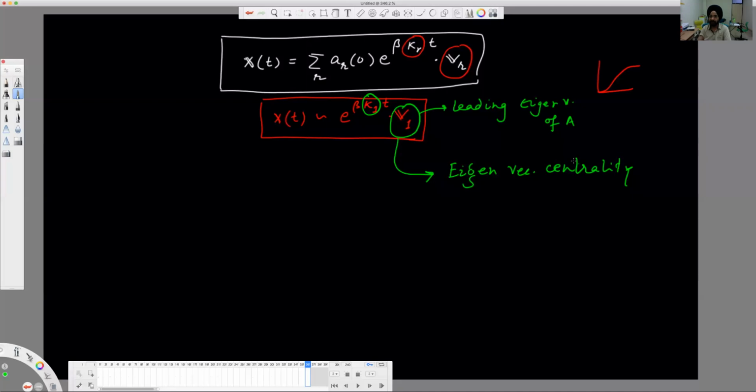So where are we leading to? We are leading to a fact where we know that the leading eigenvector, or the eigenvector centrality of a network, is in fact a rough measure of probability to get infection. If you have high eigenvector centrality, you have higher probability to get infection.